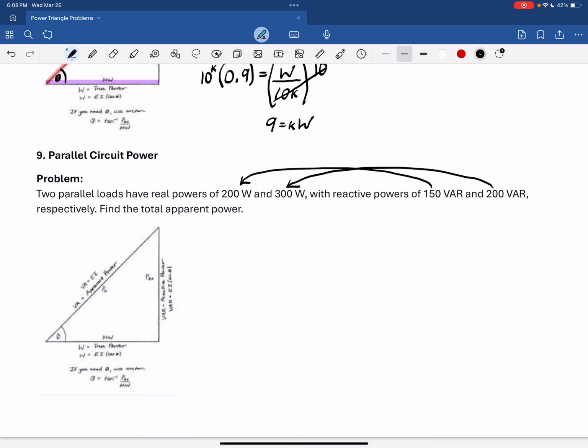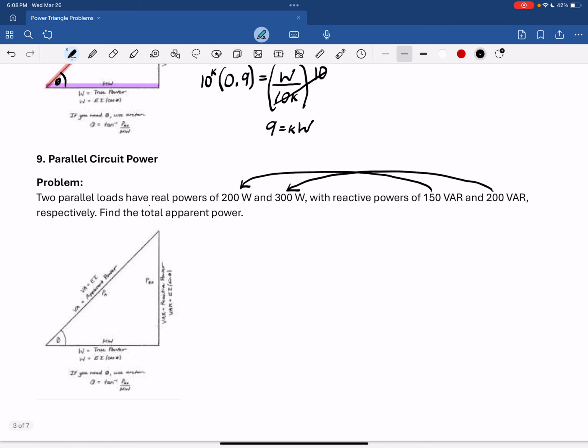Find the total apparent power. So you could work this, you could do one problem for the first parallel load and then another problem for the second load and then combine them. But I'm going to do some math beforehand.